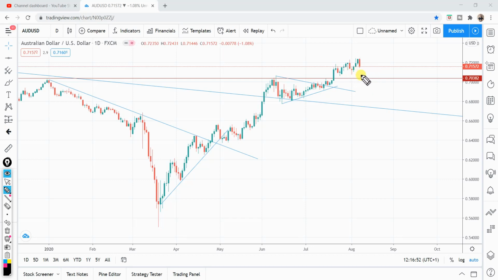We're going to see how the price reacts when it comes down. We have these two supports. One is in here, excuse my drawing, and the other one is a bit further down. But the main support is this one where I have my horizontal line, at the 7040 zone. This is the weekly support, which is pretty strong.